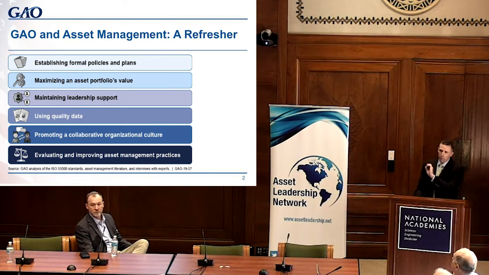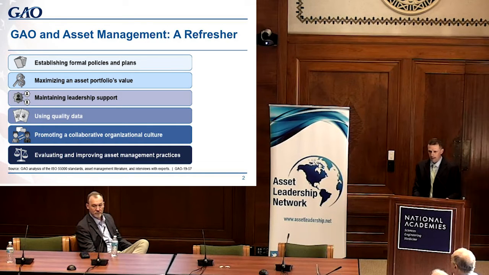I'm not going to go over the principles on the slide. You all are experts in asset management, but just as a note, in 2018 we put out our asset management framework. These are the 6 key principles that we identified from that framework that federal agencies could use. The key thing here is their wide applicability to our work.